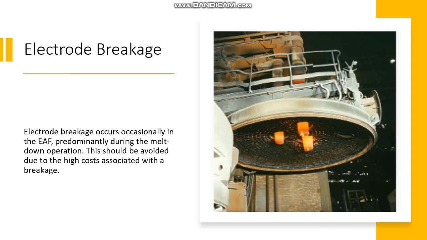Besides the cost for the high-density graphite electrode, the downtime equals loss of production, which represents high values. Normally, a broken electrode is changed within 10 minutes, but in difficult cases, considerably longer downtimes can be expected.